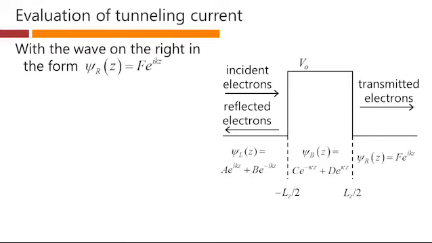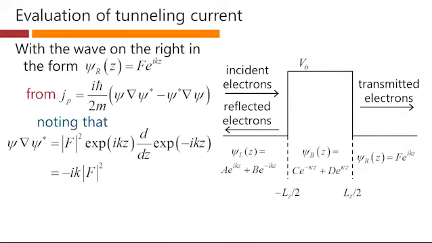With the wave on the right in this form, f e to the i kz, because we've decided indeed these are the same potentials, then from this expression here, and noting that psi grad psi star will just be this expression here, well, we can perform this differentiation here that gives us an e to the minus ikz differentiated as minus ik times the e to the minus ikz.